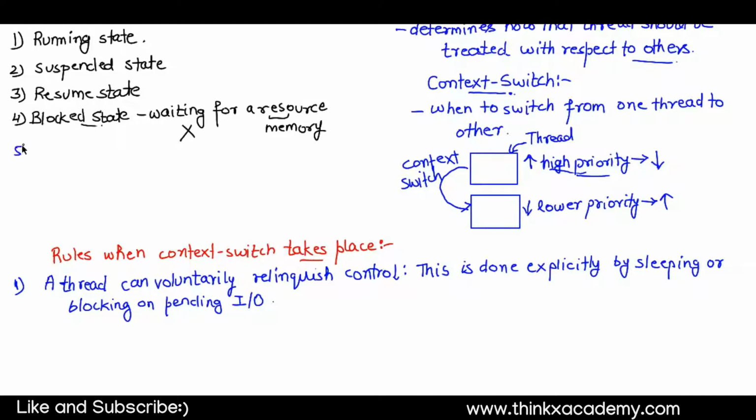There is also a sleep state, and the sleep state is basically a resume state, which means that a thread is sleeping, so it is not actually using any resource. It is waiting for some input output.